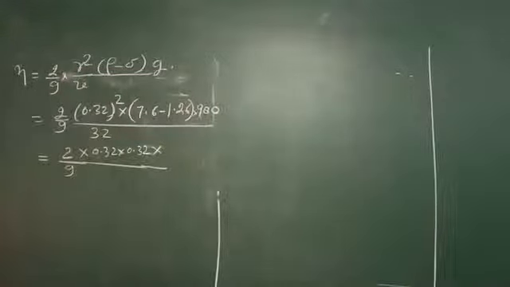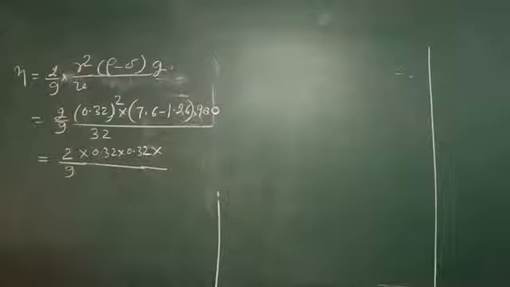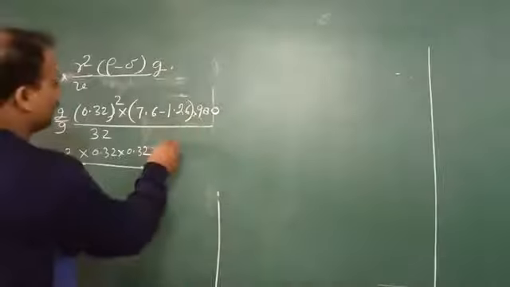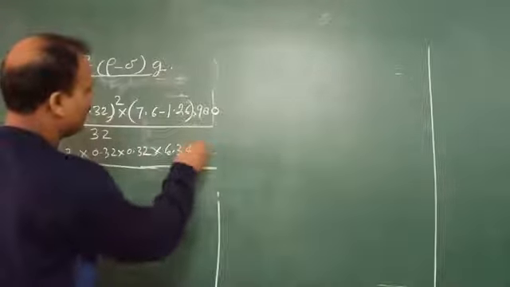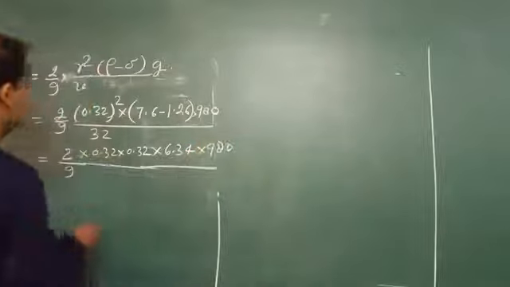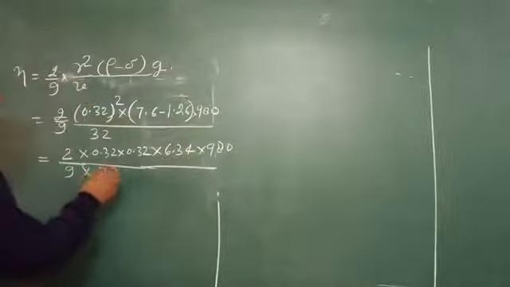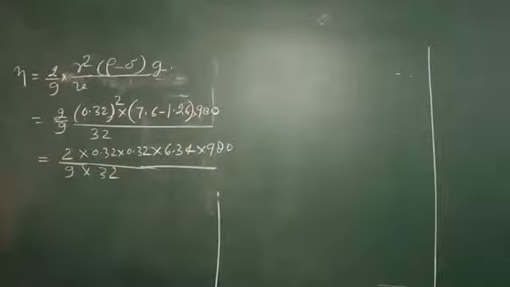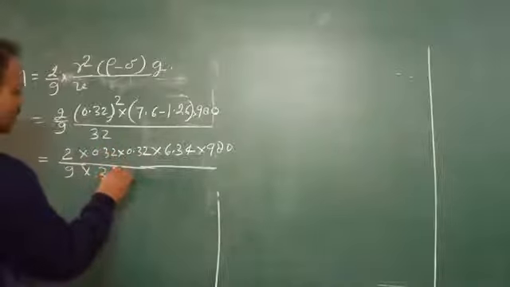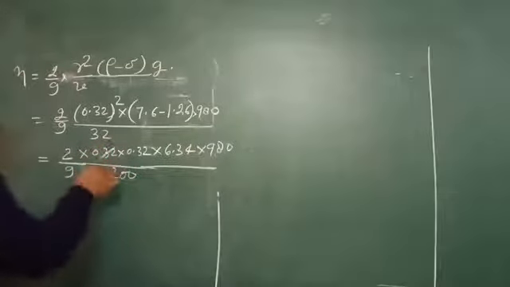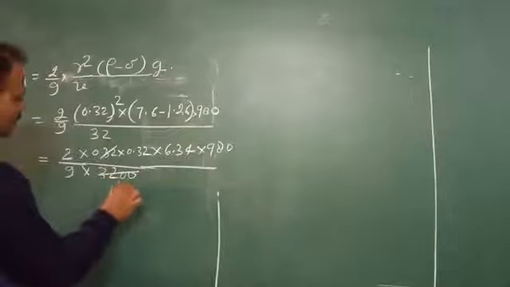If we subtract, we will find 6.34 multiplied by 980 into 32. If we divide it, then if we subtract, we put double zero here, so the 32 will cancel out and it becomes 100.